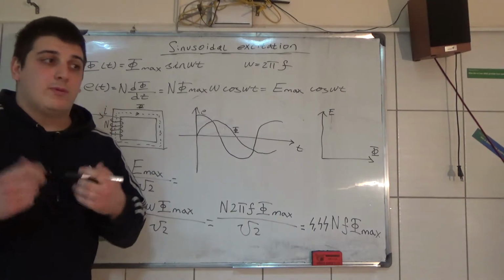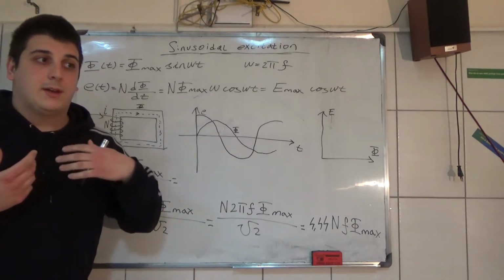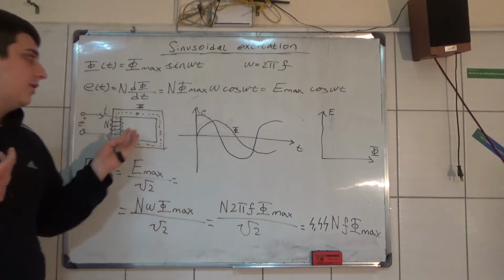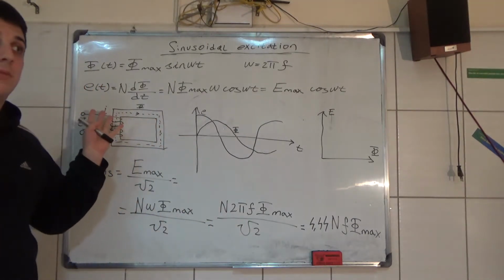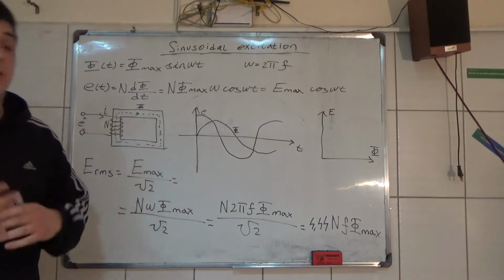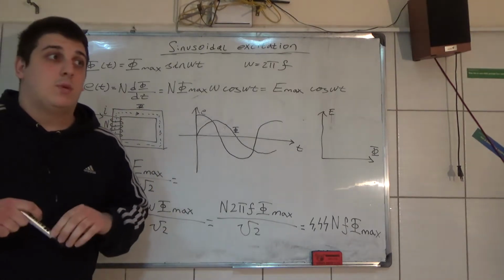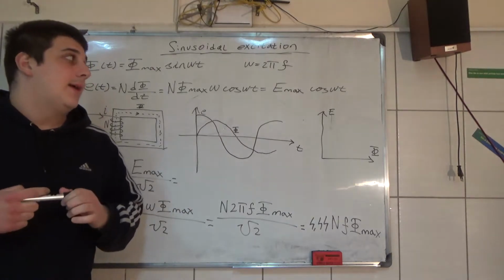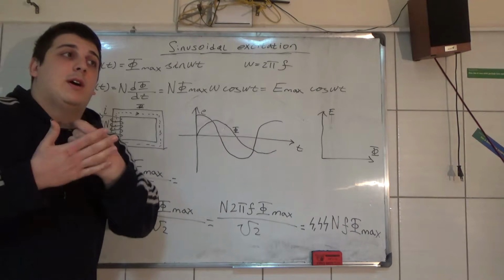So we usually bring sinusoidal waves on this magnetic circuit, especially with transformers and AC machines, and I'm going to show you some formulas.